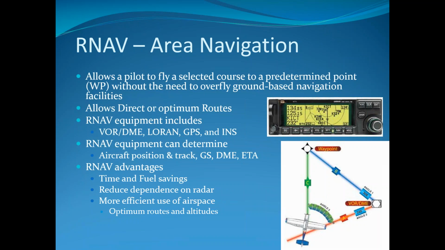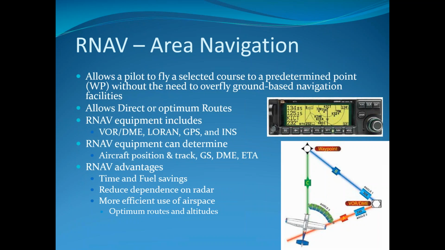Starting with RNAV, which is area navigation. This type of navigation allows a pilot to fly a selected course to a predetermined point, which is called a waypoint, that's that WP, without the need to overfly ground-based navigation facilities.